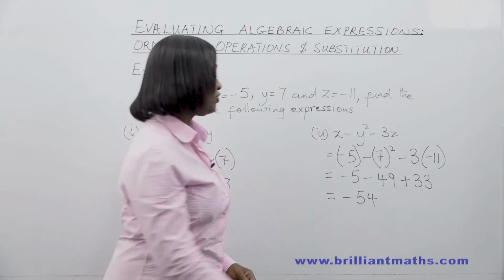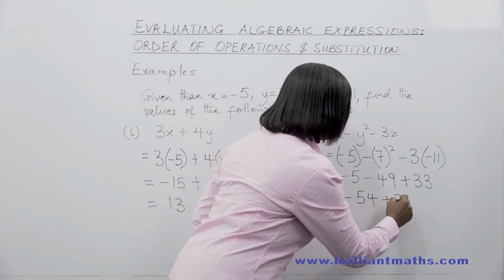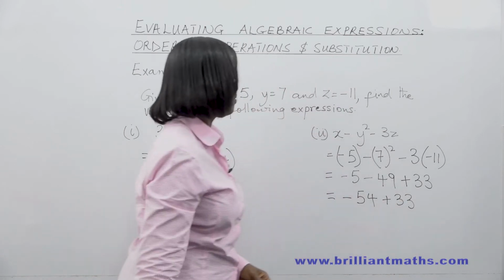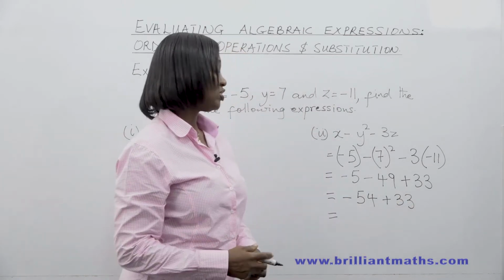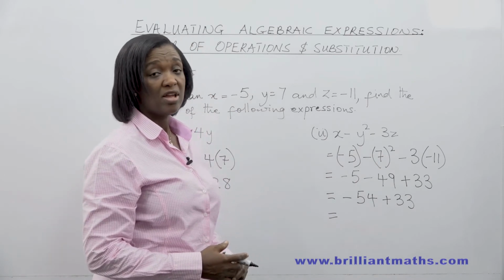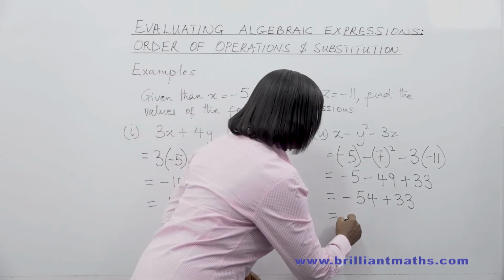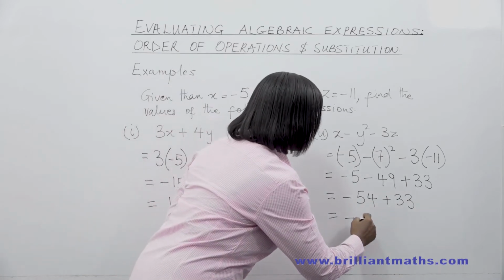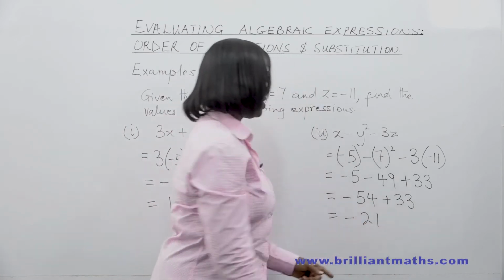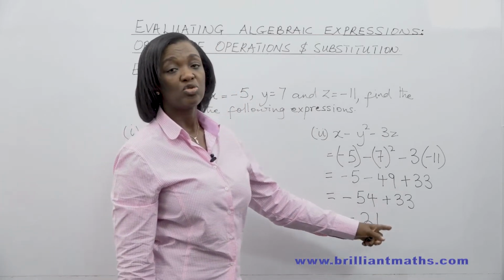And then minus 54 plus 33. 54 as a number is greater than 33, so our answer will definitely have a minus sign. 54 take away 33 will be 21. So the answer is minus 21.